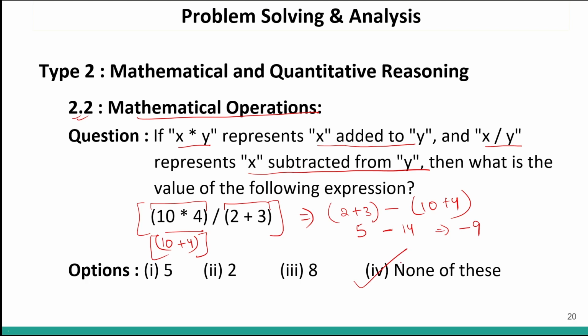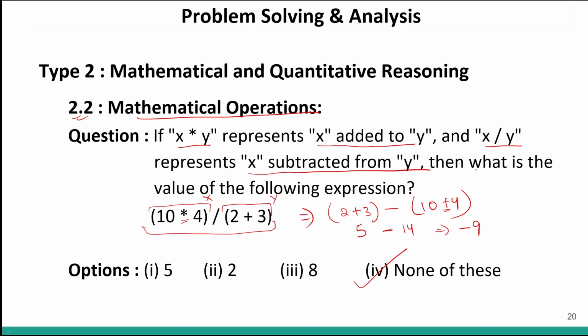So you understand what we did in mathematical operations? Basically, we were given an equation. Now we were given that x into y means that x is added to y. So instead of the into sign, we will put the addition sign. Let's say this is element x and this is element y.